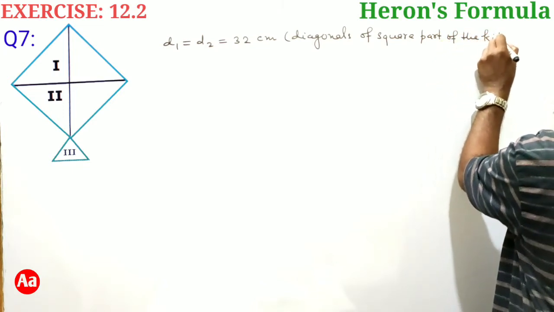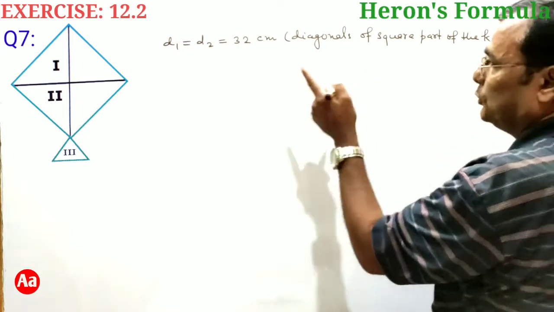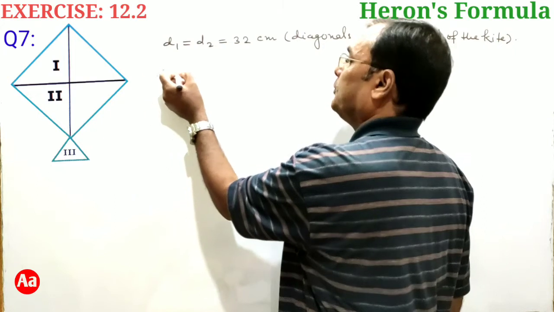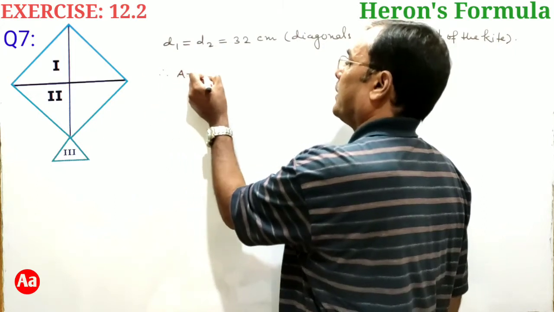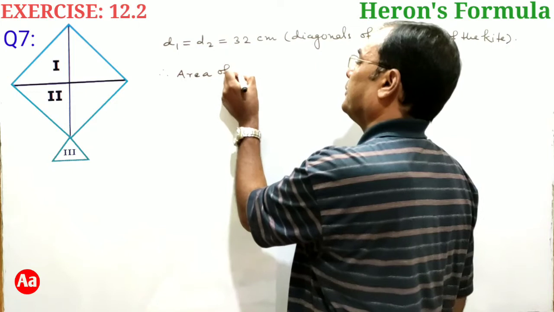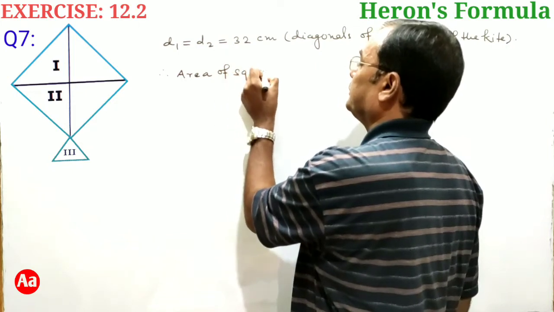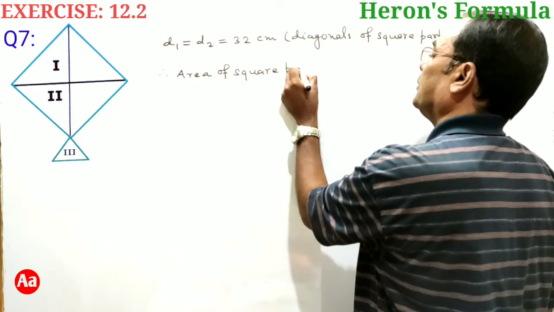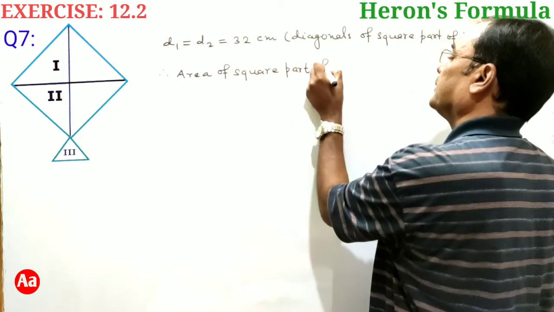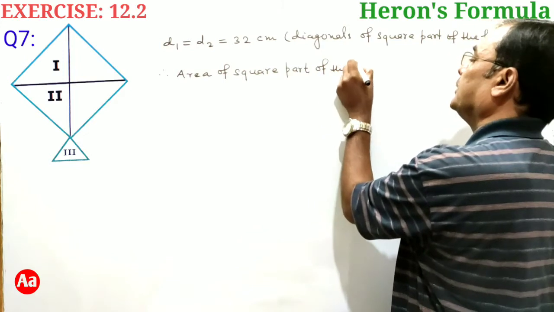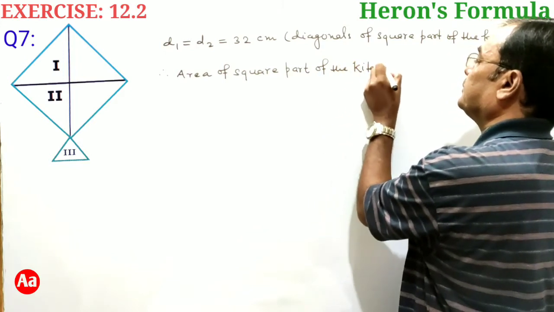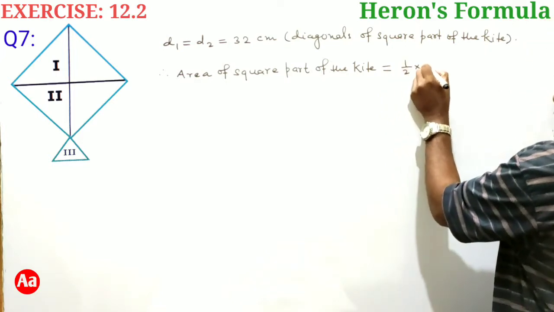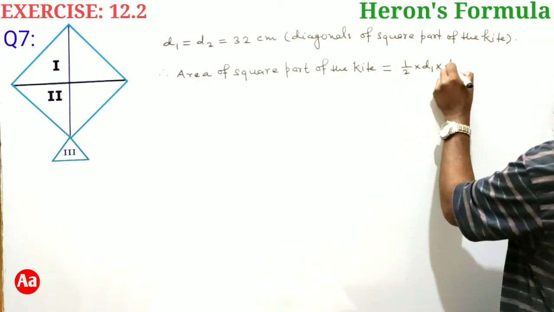We can understand both the diagonals of a square part are equal. So therefore, area of the square part, or you can write portion of the kite, equal to half into d1 into d2.